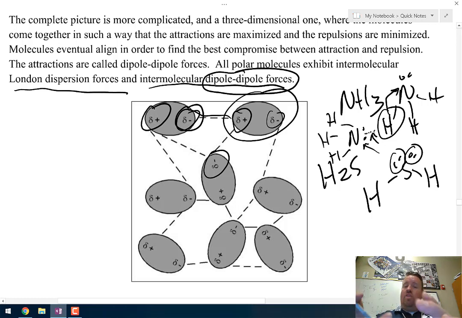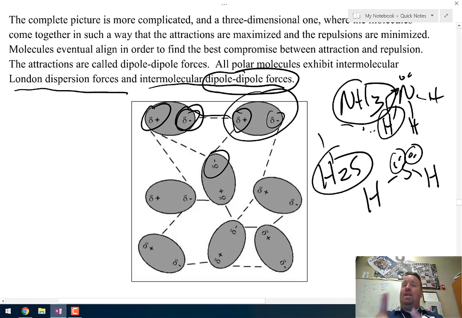So now that we know that, coming back to comparing NH3 to H2S, I know that hydrogen bonding is stronger than dipole-dipole forces. So right away, I would predict NH3 to have a higher boiling point than H2S, simply because NH3 experiences all three types of intermolecular forces.